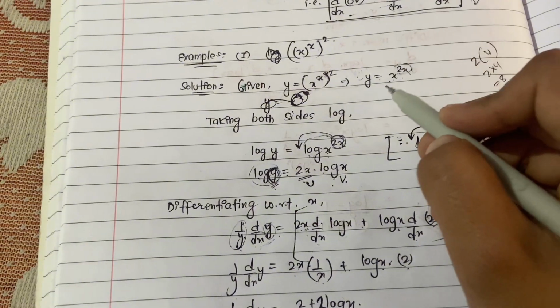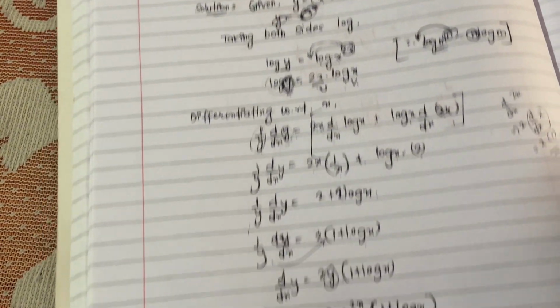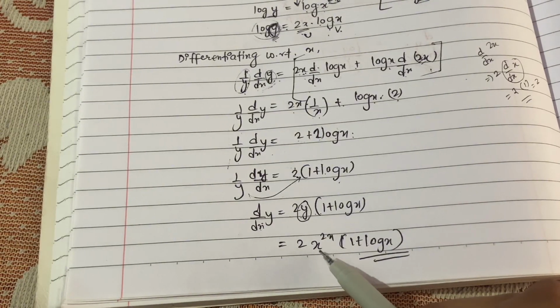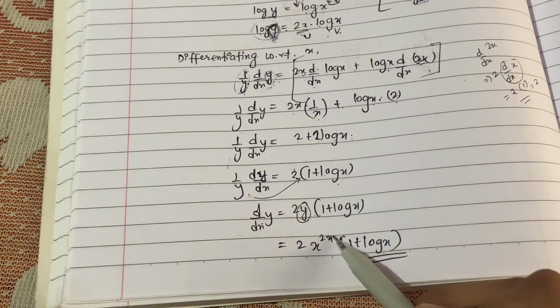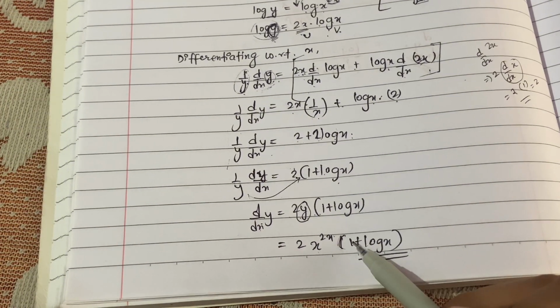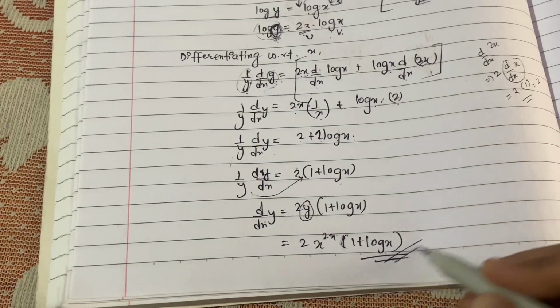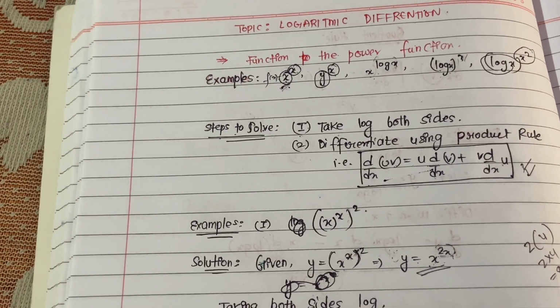The value of y is x to the power 2x. So in the place of y I have written x to the power 2x, so 2 into x to the power 2x in the bracket 1 plus log x. This is our answer. So this is our logarithmic differentiation.